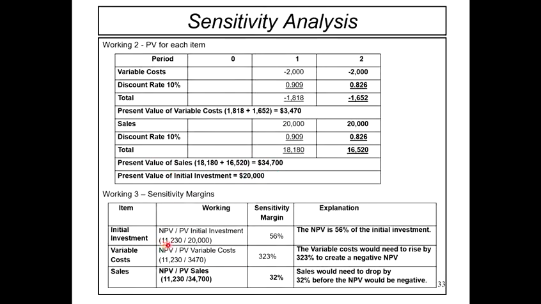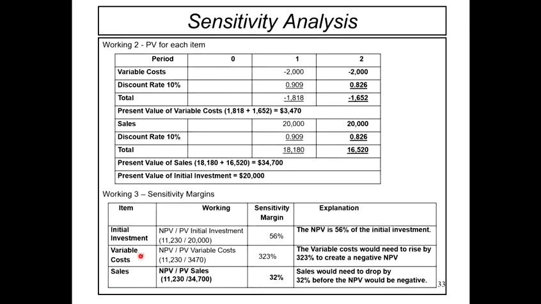So 11,230 bagi dengan 20,000 darab dengan 100, you akan dapat 56%. And then kita kira pula sensitivity margin untuk variable cost. So again, you take the NPV value, that is 11,230, divide with PV variable cost yang kita kira, this one 3,470, and then you darabkan dengan 100%, you will get 323%.